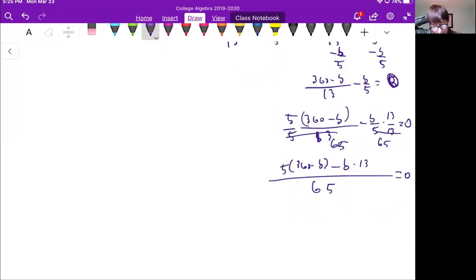All right. 5 times (360 minus b), that equals 5 times 360. 5 times 3 is 15, plus 60 would be 180, so it should be 1,800 minus 5b minus b times 13, which would be 13b.